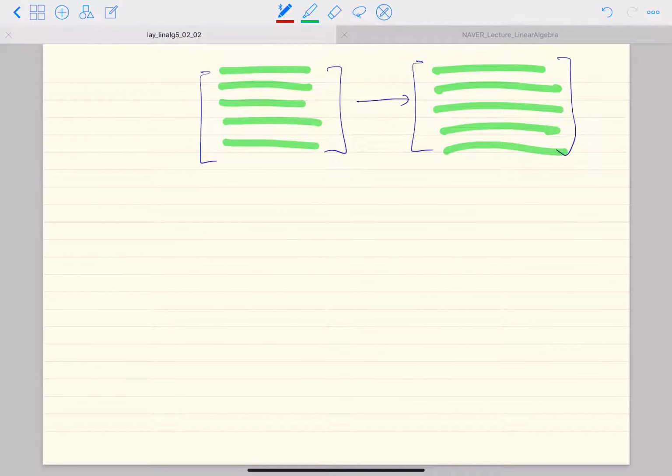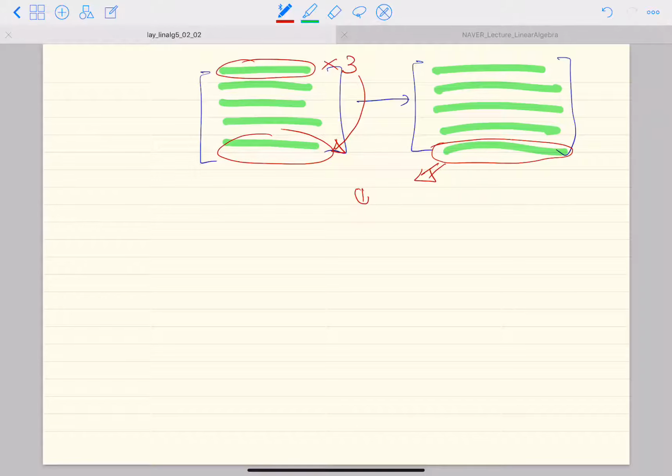So let's now choose the fifth row as the first row times 3 and add it to the fifth row to produce the resulting fifth row. That is one example of row replacement.